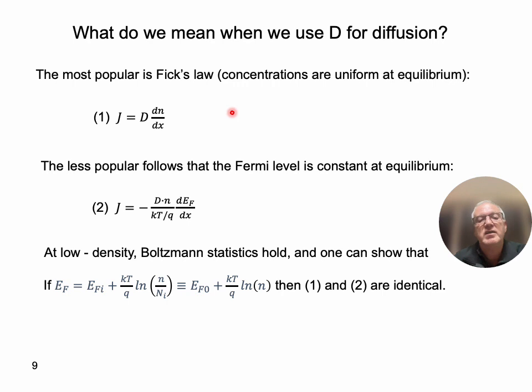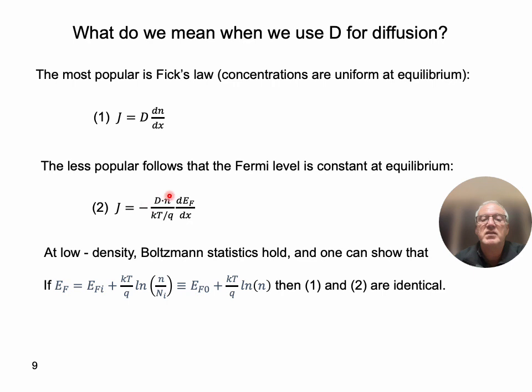The other way to think of it is more rooted in thermodynamics and in the idea that actually at equilibrium, what the system is trying to do is to level the energy. And in that sense, there is another way to write the current, and it appears here.